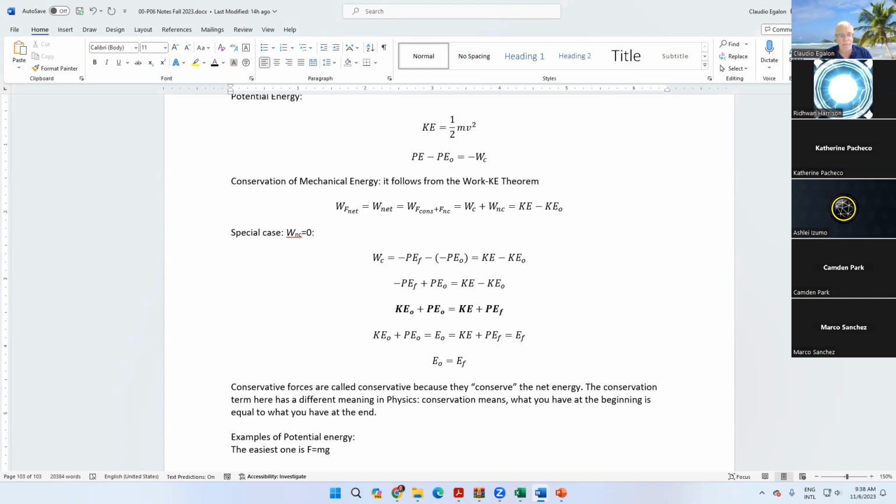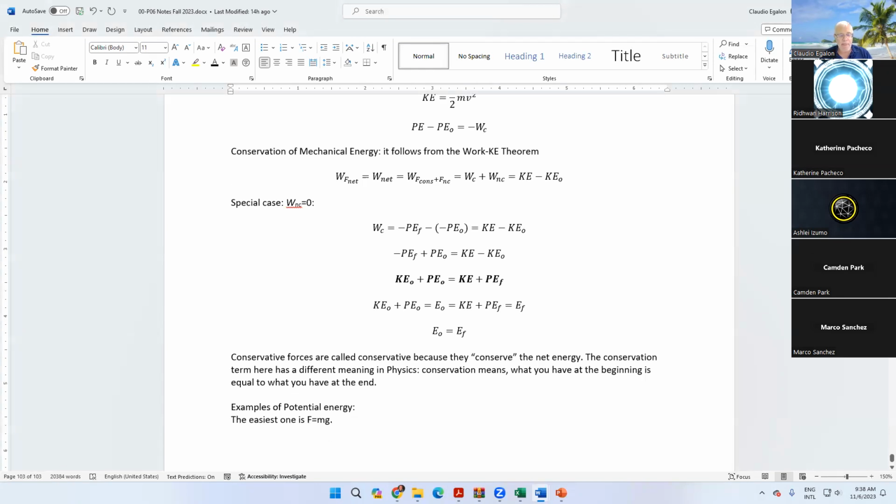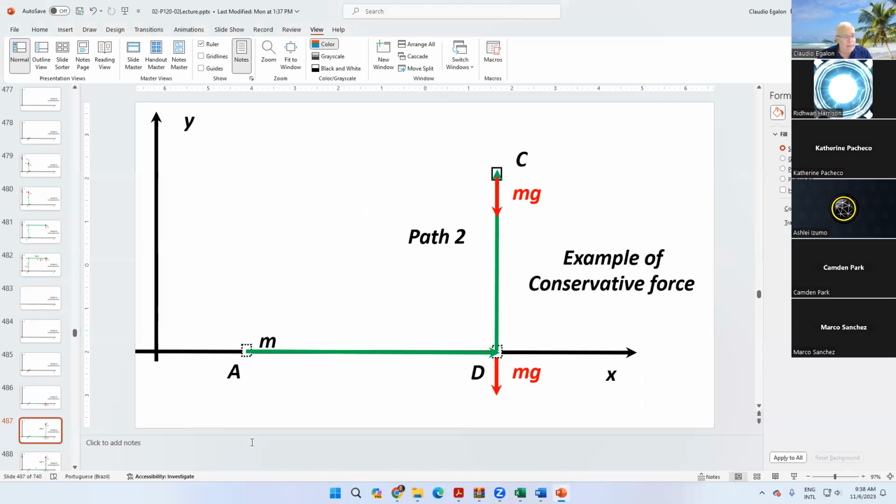That's the easiest one. Now you know that no matter what path you take to go from one place to another, the potential energy change is going to be the same.